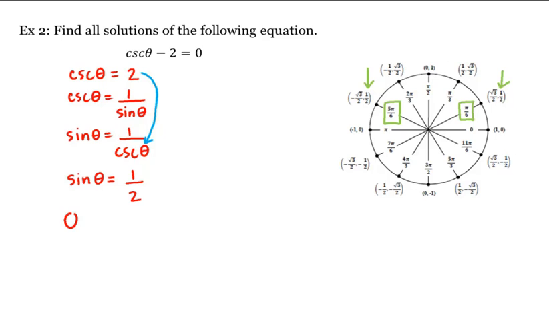That is, theta is equal to pi over 6 or 5 pi over 6 or any of their coterminal angles.